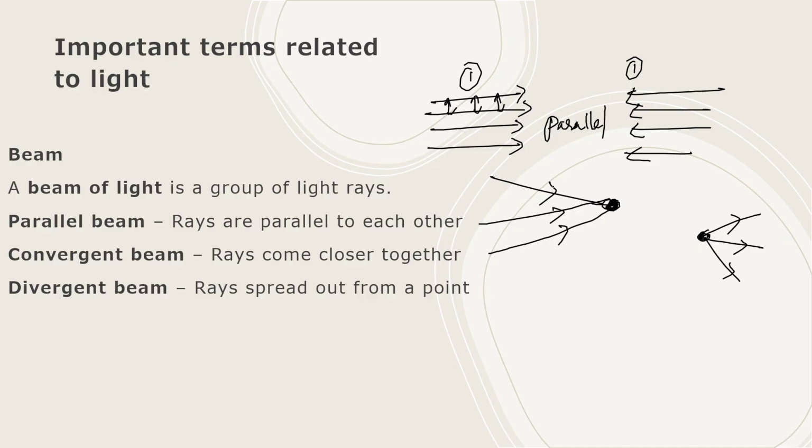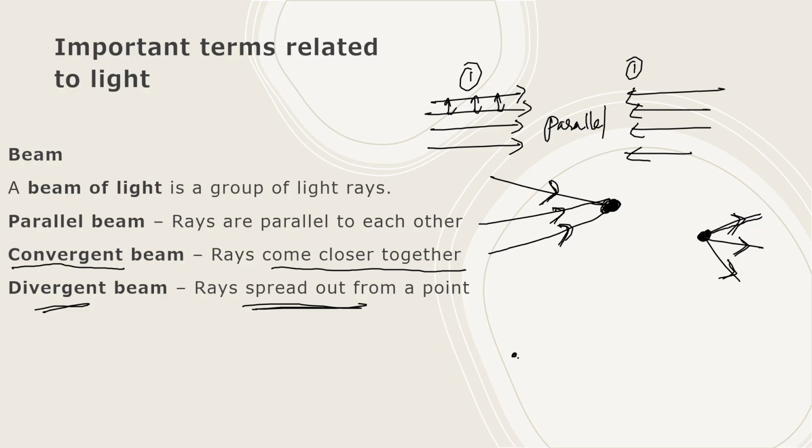Just see the arrow, the light rays are going and meeting at a point, so they come close together, that is called convergent beam. Now what about this? From a point they are going out, they spread out. So if they are spreading out, it is divergent, and if they are coming closer, it is convergent.